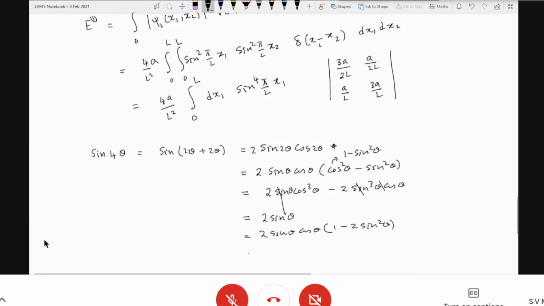So that is equal to 2 sine theta cos theta minus 4 sine cube theta cos theta.